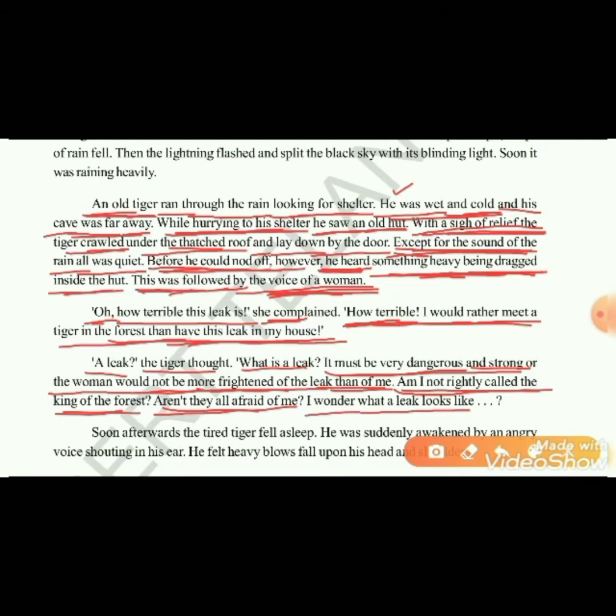I am the strongest animal in the forest. Everybody is afraid of me. But this woman is not afraid of the tiger, but she is afraid of one thing. What is that? Leak. So immediately the tiger thought that the leak must be very powerful, very dangerous, very ferocious, and very strong.